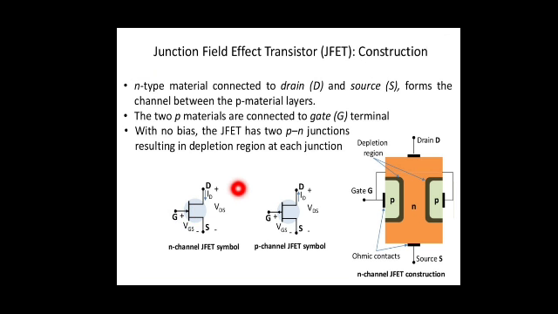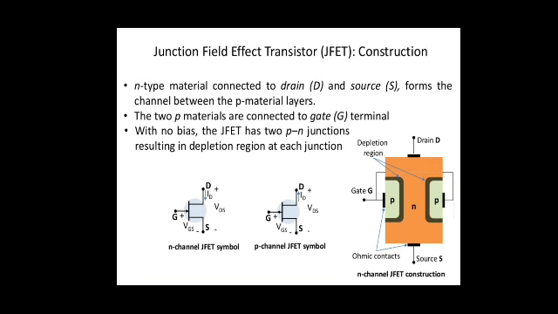Next, as I said, in an n channel, from the source the carriers enter into the channel, and from the drain the carriers leave out of the channel. If you want the carriers, that is electrons, to enter into the channel, at the source you will apply negative voltage.